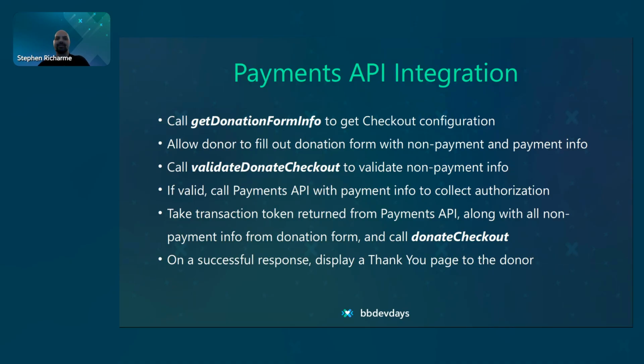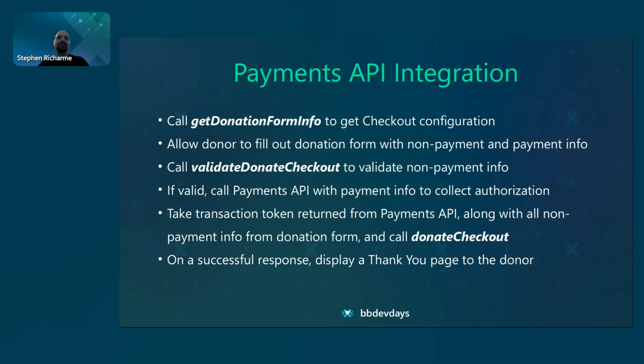Essentially here, you go through everything as normal for getting the donation form info, letting the donor fill out the donation form, calling validate donate checkout to make sure that all of the non-payment information is correct. The difference here is that you are displaying the payment information fields, such as the credit card number, the expiration date, CVV, all of that.